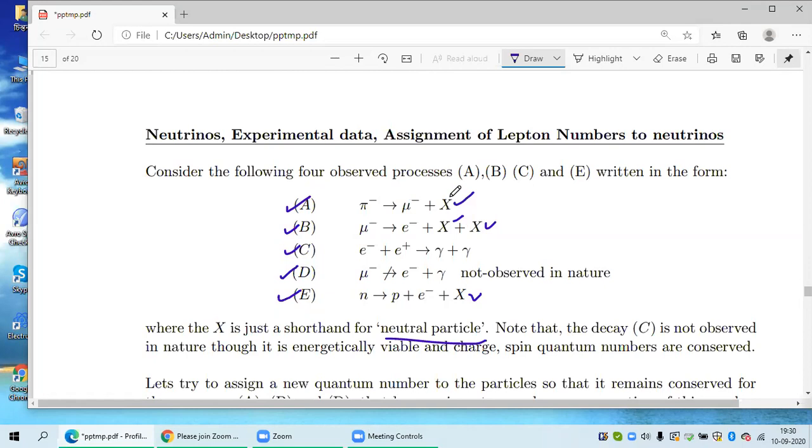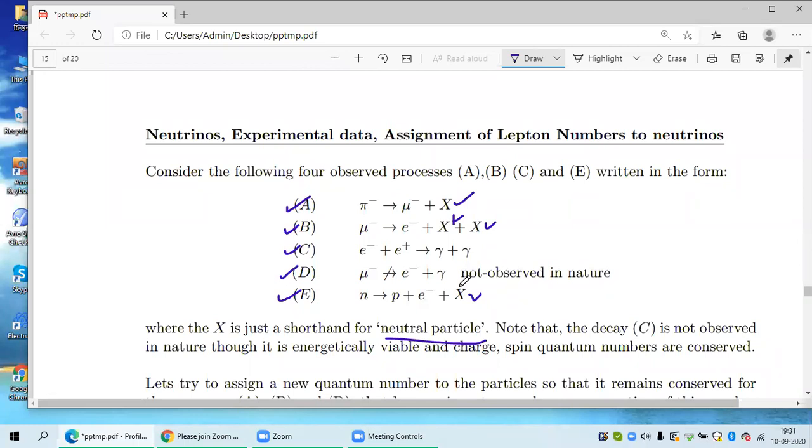So to start with, let us assume, without explicitly saying, that all these X's are the same. So we start with a scenario where all these four X are the same neutral particle, and let's proceed with this.